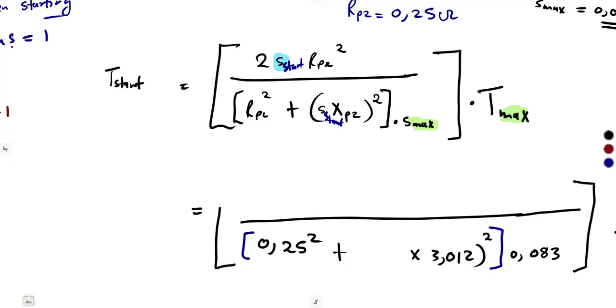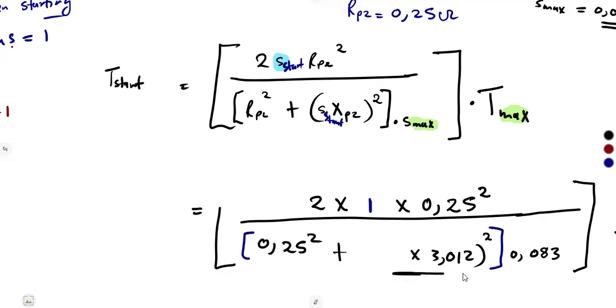Everything else remains the same. So it was going to be 2 times, at starting, per unit slip is 1. Our R2 remains as it is. Resistance is not affected by slip. It's not a product of frequency. So the resistance value is not affected, it's just going to be as it is.